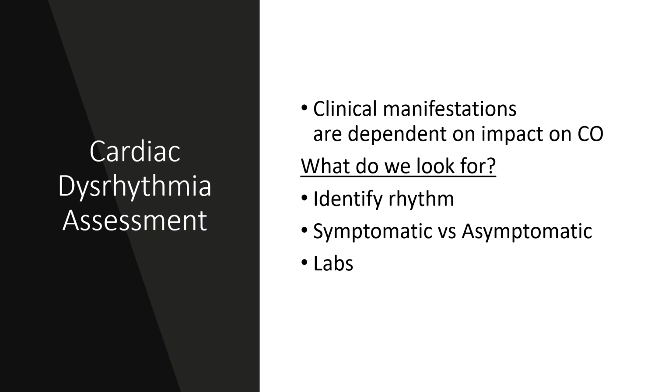So looking at our cardiac rhythm, do they have signs that they have cardiac output? Do they have poor cardiac output? We want to identify the rhythm, so knowing what sinus rhythm looks like, sinus brady, sinus tach. What are our atrial rhythms, atrial fib, atrial flutter, our fast rhythms, so SVT, VTach, VFib, asystole.